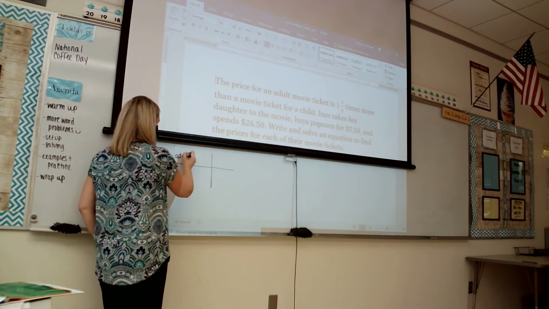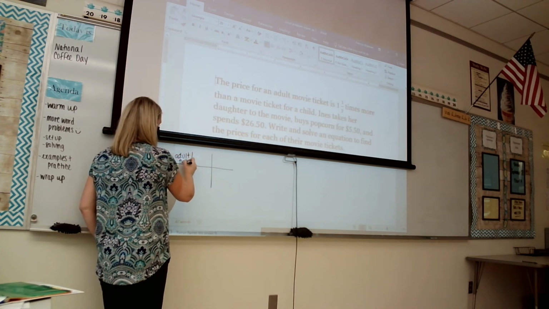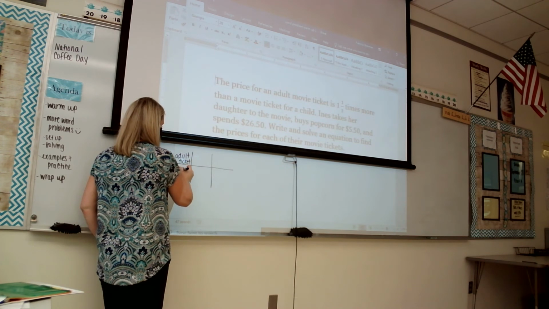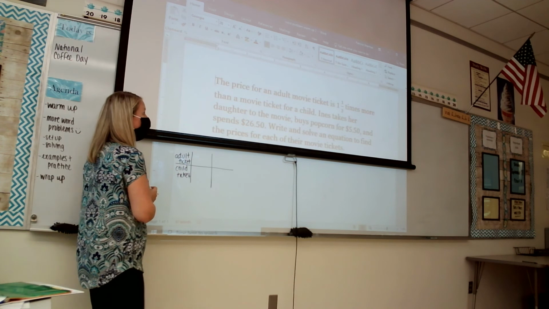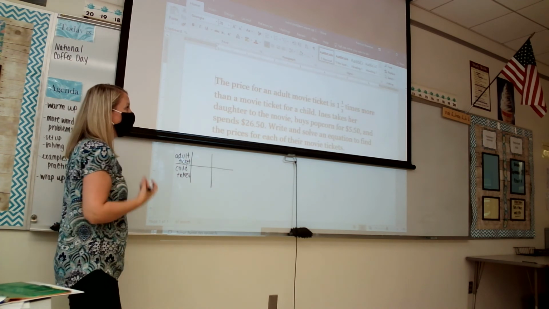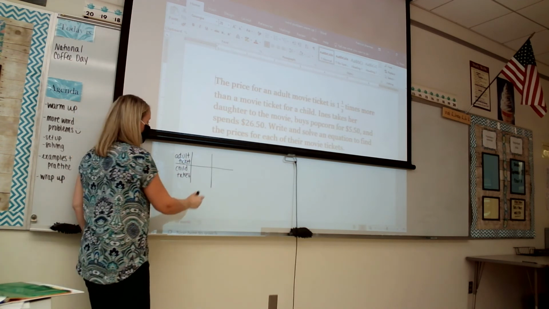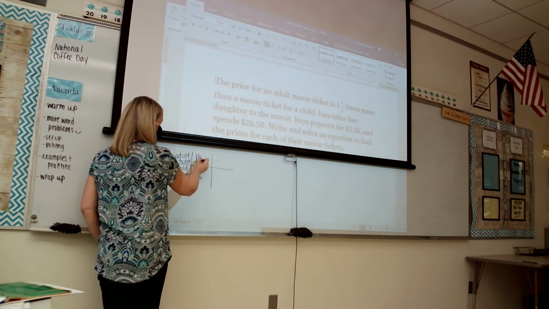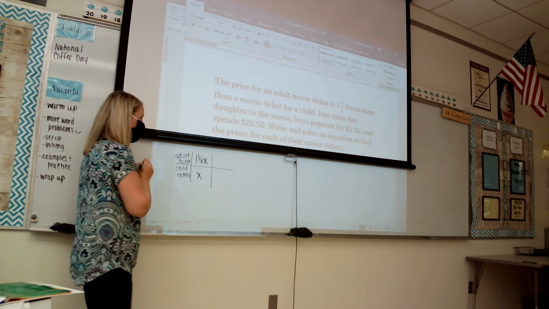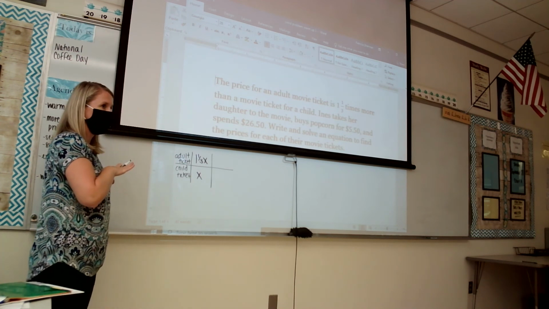So I'm just gonna say adult ticket and then a child ticket. And it tells me the price of an adult ticket is 1 1/3 times more than a child. So a child's gonna be X, adult is 1 1/3 times as much as X. Does anyone have a question there?